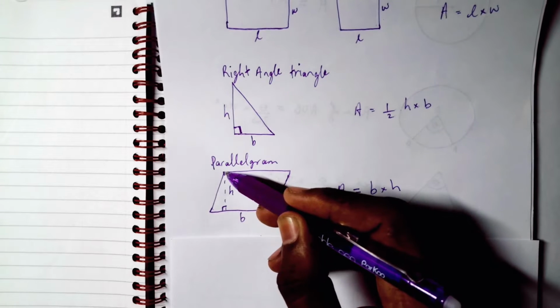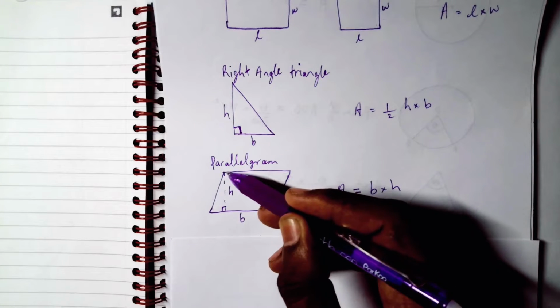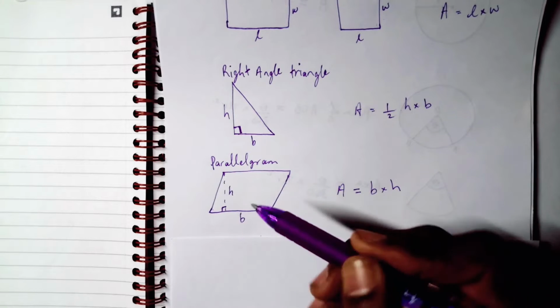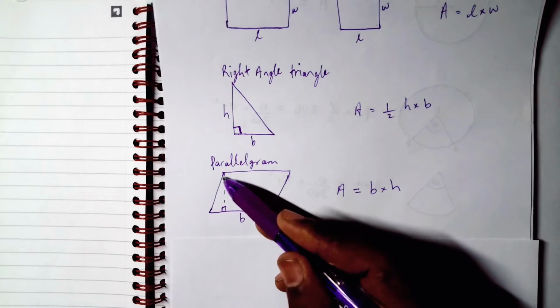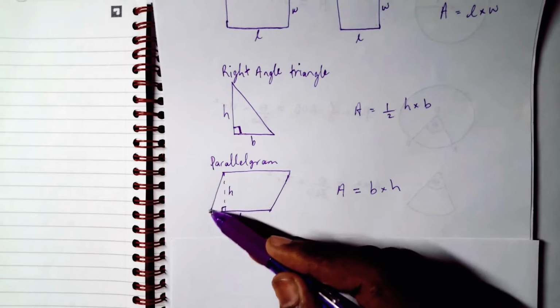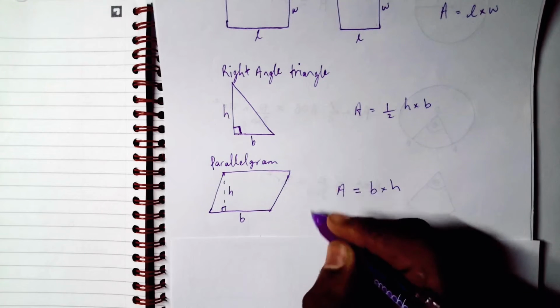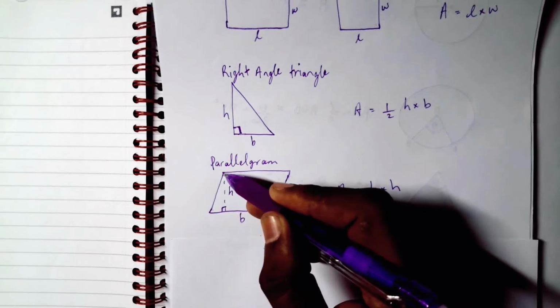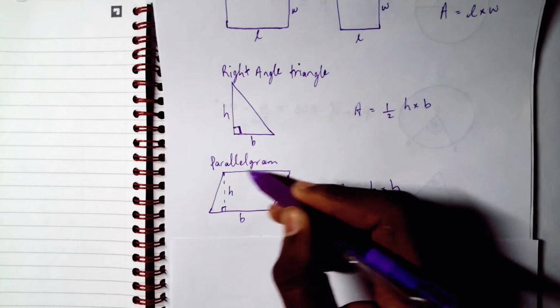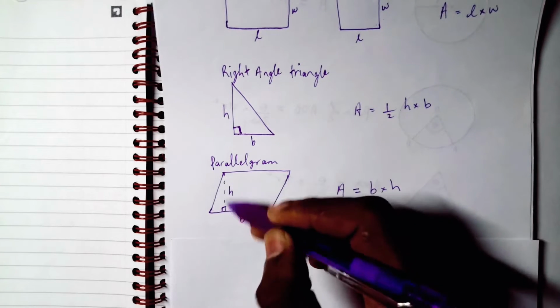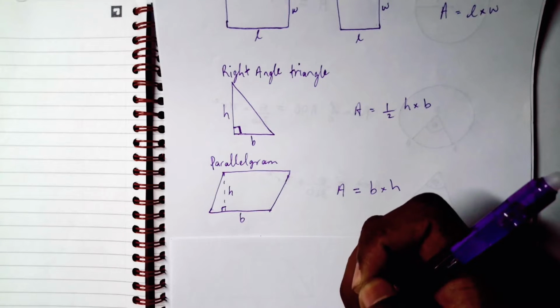It's from the top of the diagram to the base of the diagram, not the slant side. The slant side is not the height. It's a vertical line. Vertical means a straight line. So it's the vertical height between the top and the bottom. That is the height in the parallelogram.